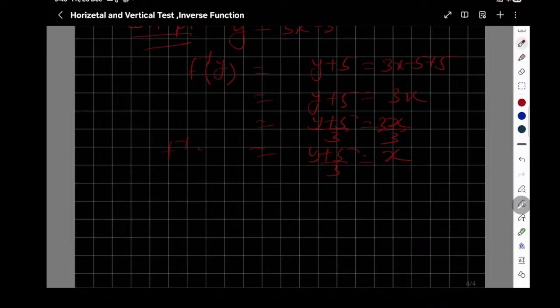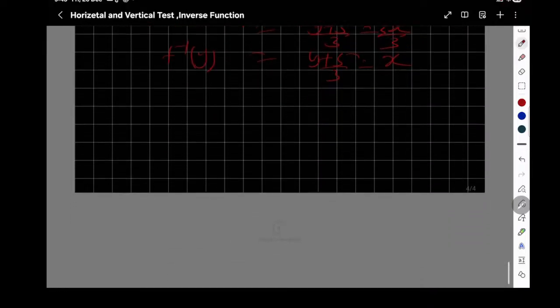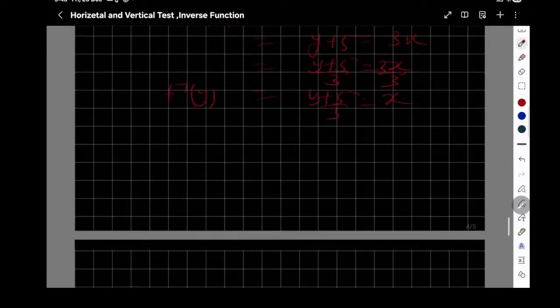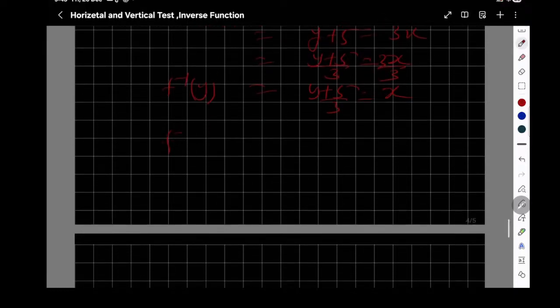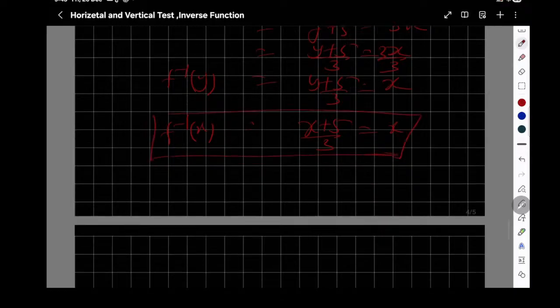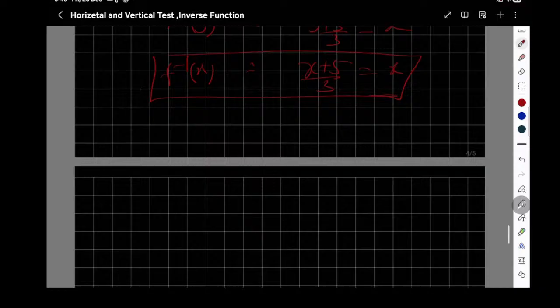That is the f inverse of y, in terms of y, and in the same way f inverse of x equals x plus 5 over 3, in terms of x.